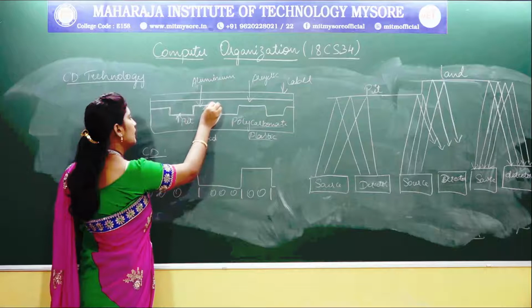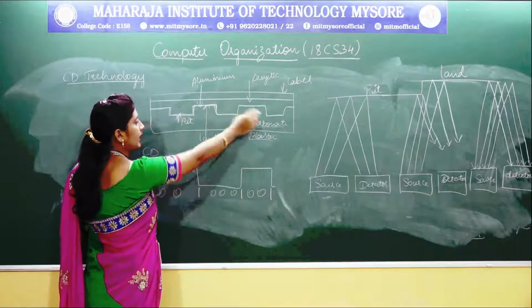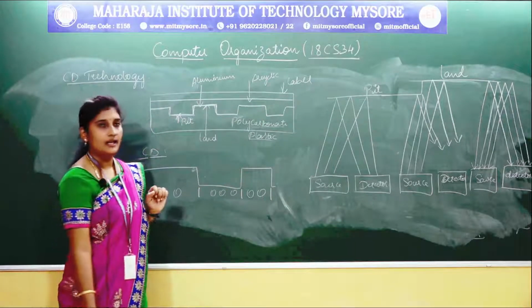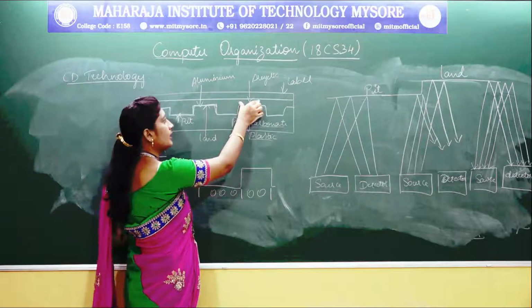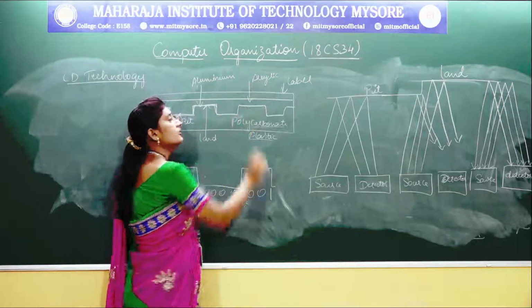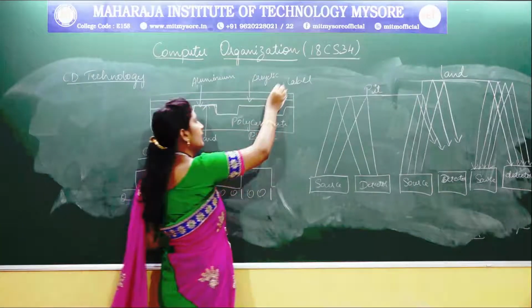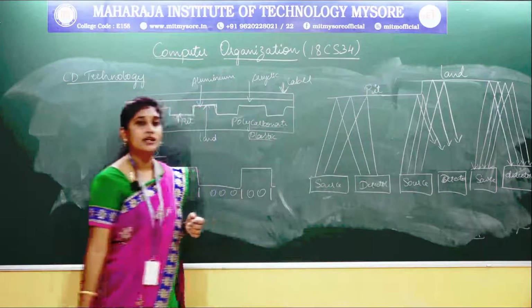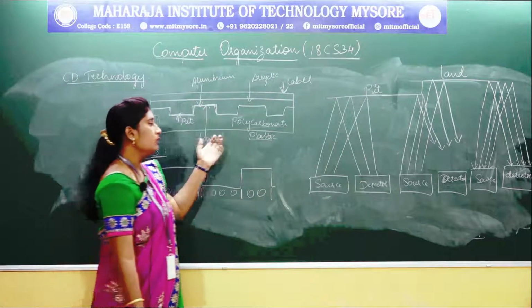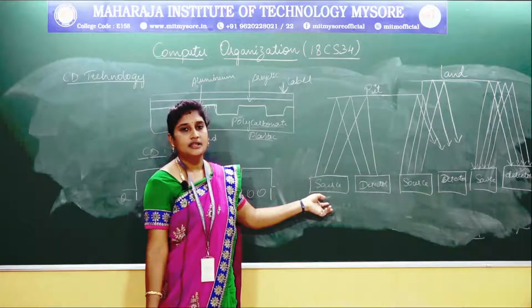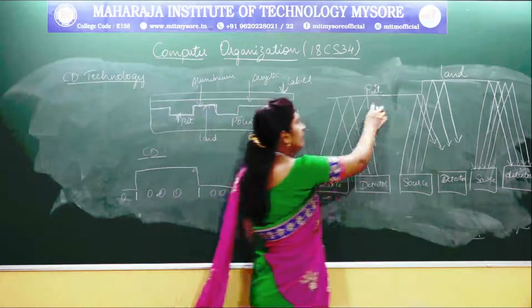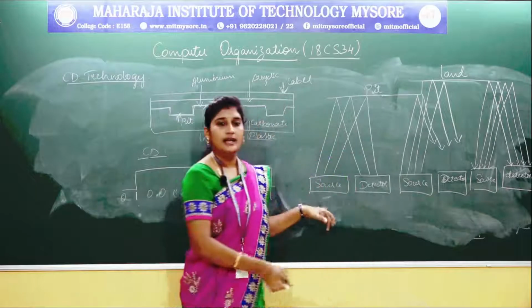A thin layer of aluminium foil is placed over the pits and lands, which is protected by an acrylic layer, and the topmost layer is stamped with the label. How the laser light is focused on the pit and land is shown in this diagram.